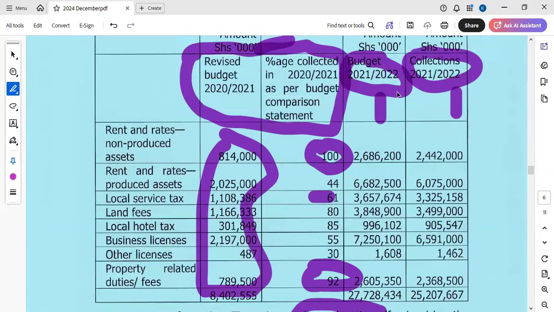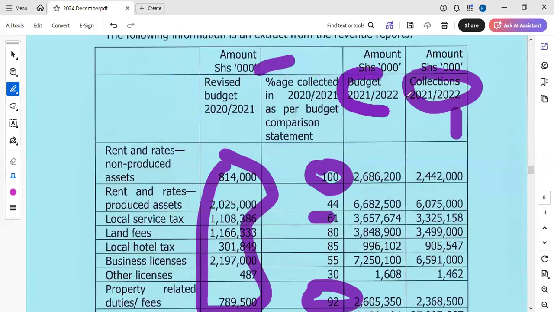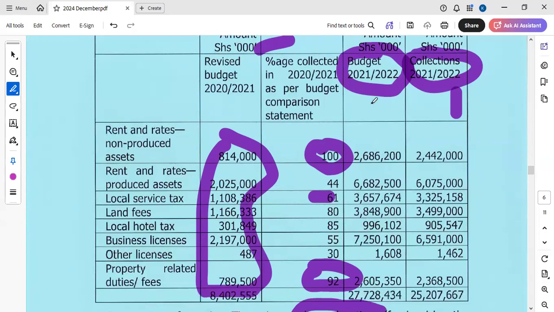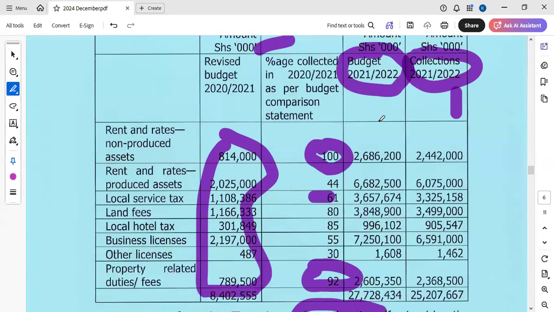So whatever I'm seeing in this budget 2021, 2022, it means that this is what I invoiced. In our current period, it's what I billed. It's the revenue billed or invoiced.